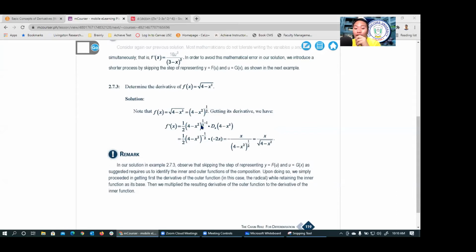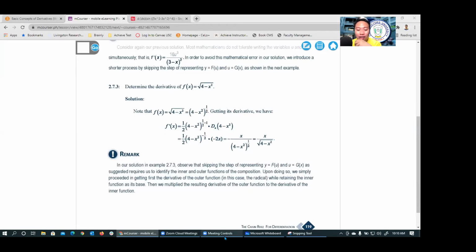Then you do the outermost part of the function to get the derivative. So you bring down 1/2, you copy everything inside the parenthesis, 4 minus x squared, then 1/2 minus 1, times the derivative inside the parenthesis. It hasn't taken the derivative right away, but it put a dx. This dx here is an instruction for you to get the derivative of 4 minus x squared.